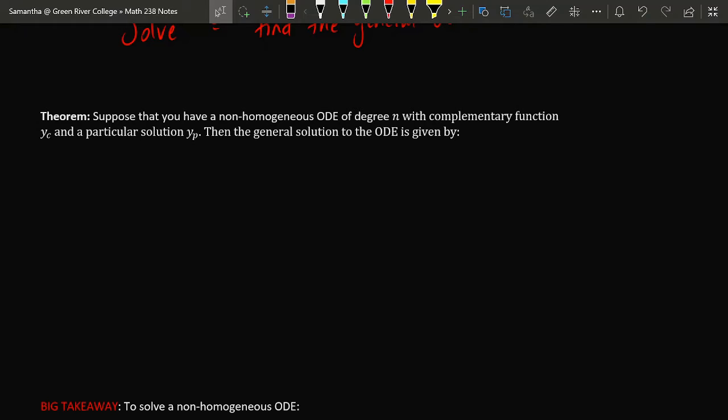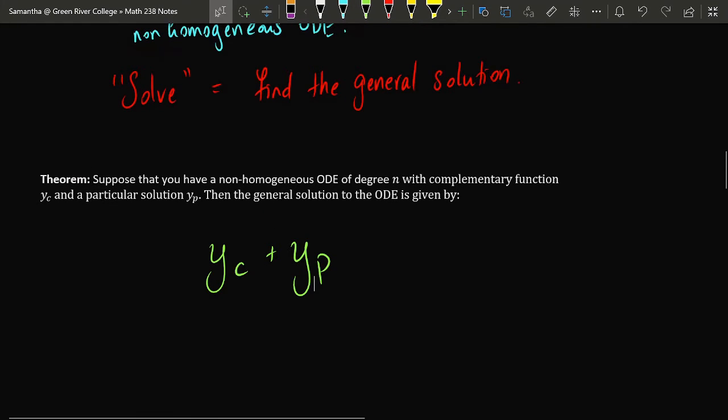You have one solution to your differential equation where the right-hand side is not equal to 0. Then the general solution of the ODE is given by complementary function plus particular solution. The format of any possible solution to the non-homogeneous ODE is the complementary function plus one particular solution.